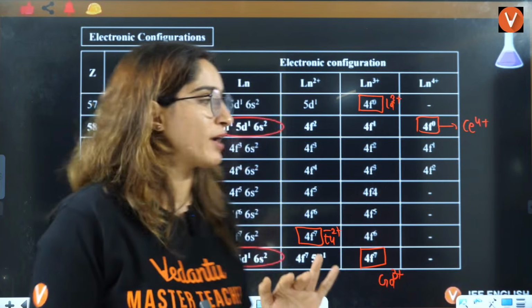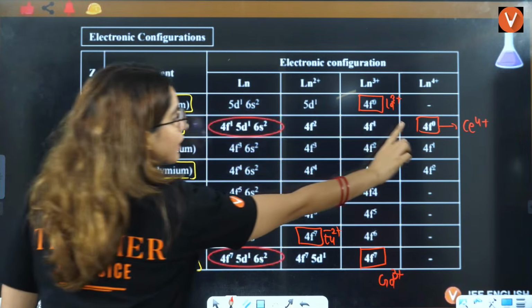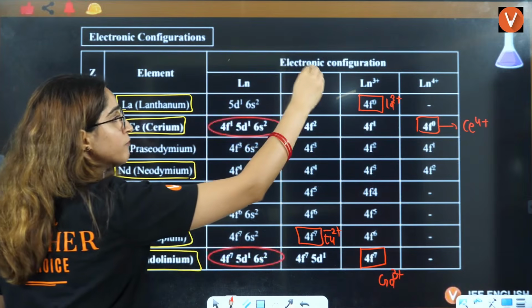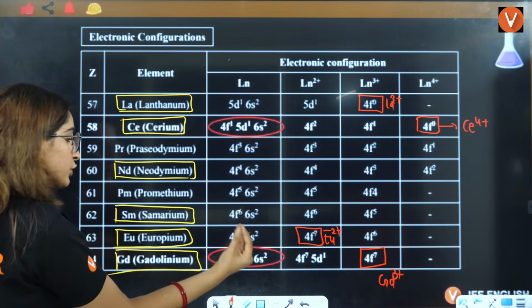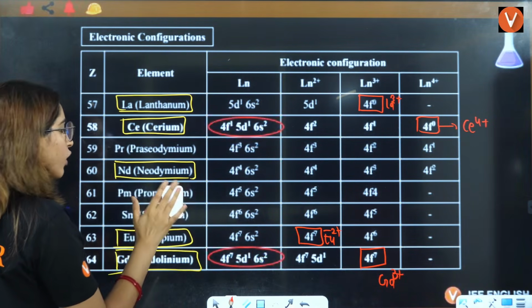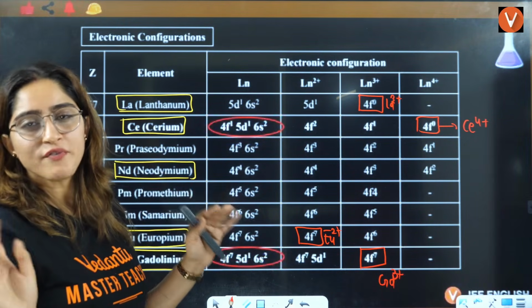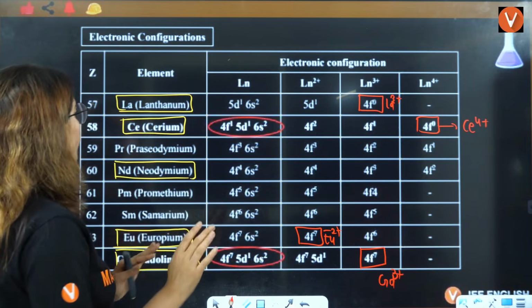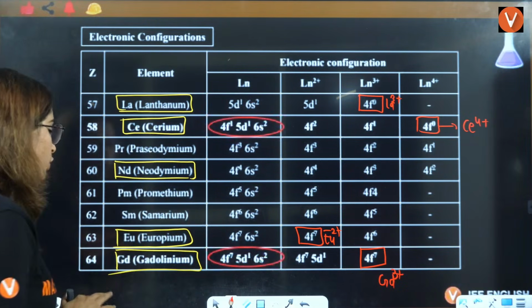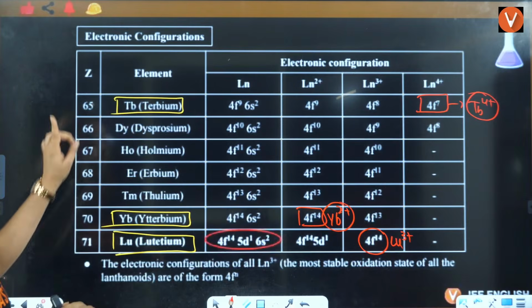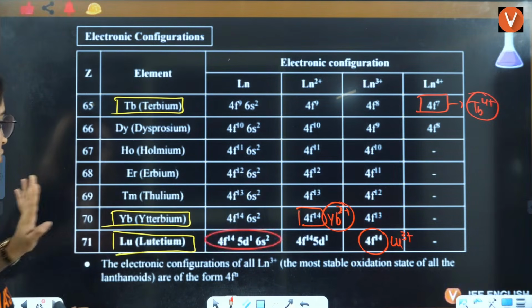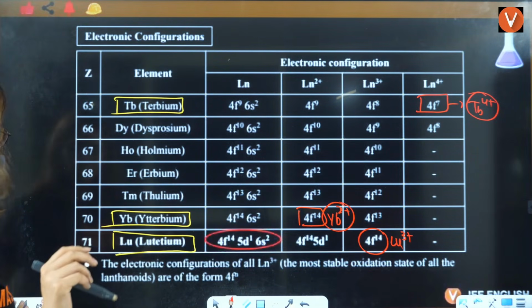Okay, very important. Now for cerium, you should know for lanthanum, for cerium, for europium. Samarium's electronic configuration is not important, but because of its melting point, it's important. Electronic configuration for lanthanum, cerium, europium, gadolinium is important. Terbium you should know, ytterbium you should know, lutetium you should know, right? Understood?